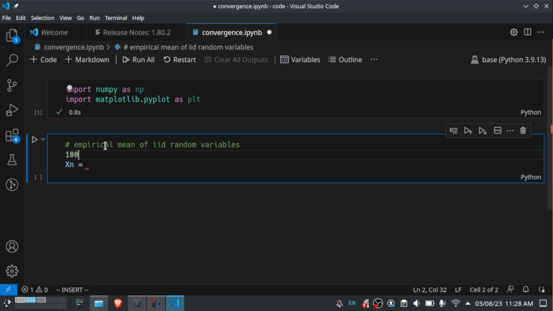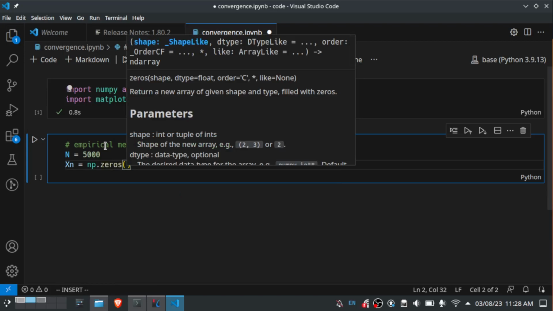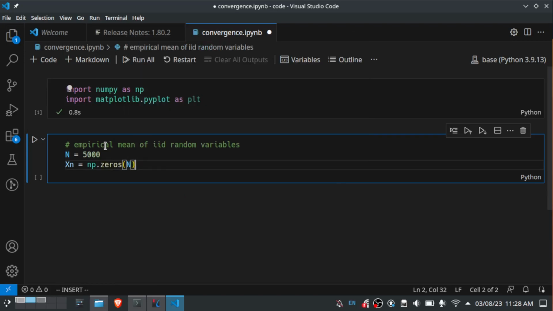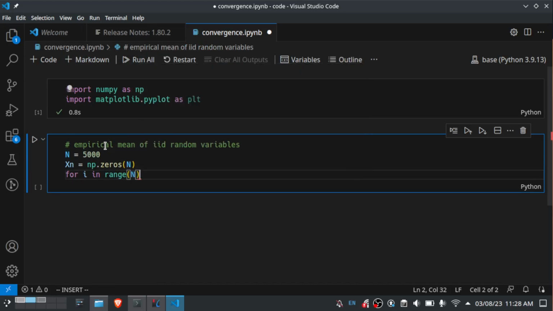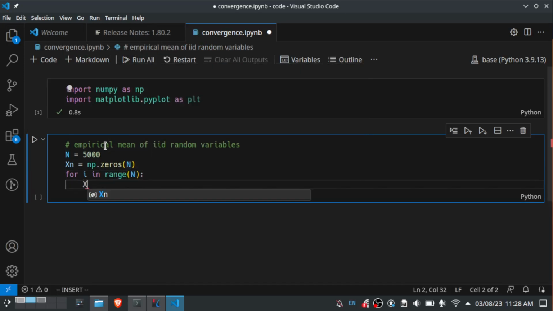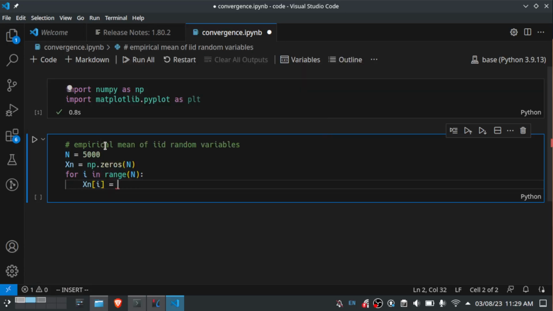Let's say I take 1,000 random variables. Let me make it 5,000. So let me generate IID random variables.